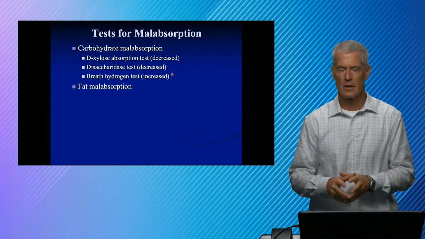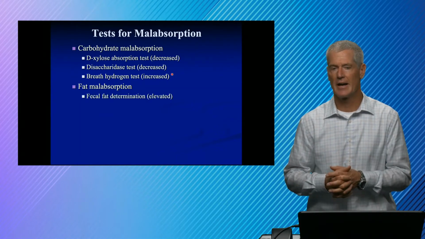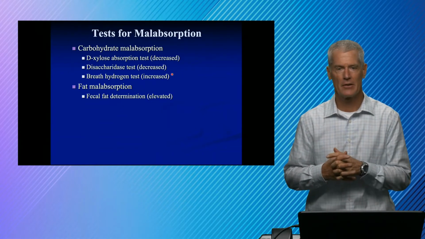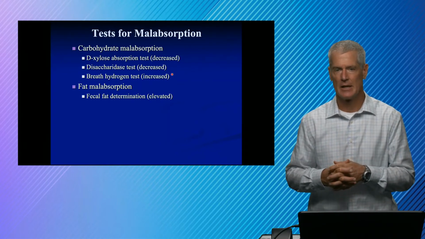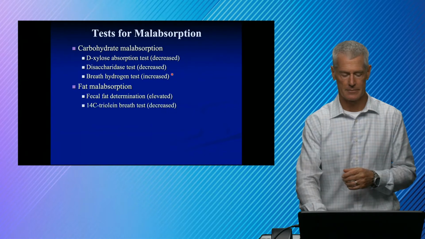Fat malabsorption occurs, and one of the ways we can identify that is fecal fat. And so, not one of our favorite lab tests. It requires typically 3 days of collecting feces and then measuring the amount of fat in the fecal material.